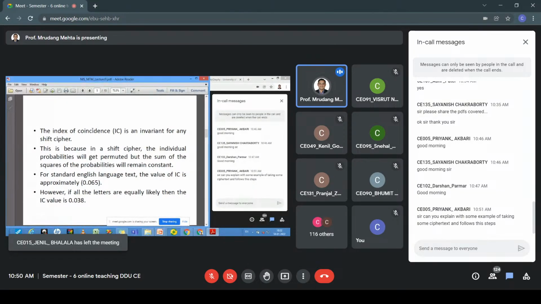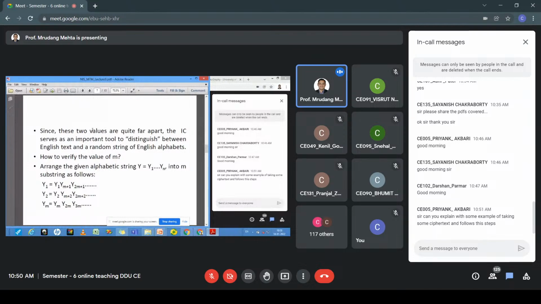And if all letters are equally likely, then the IC value is 0.038. So if you have any random text, it should be between these two, and then you should choose the key so that the IC value is closer to 0.065. That is the main context.